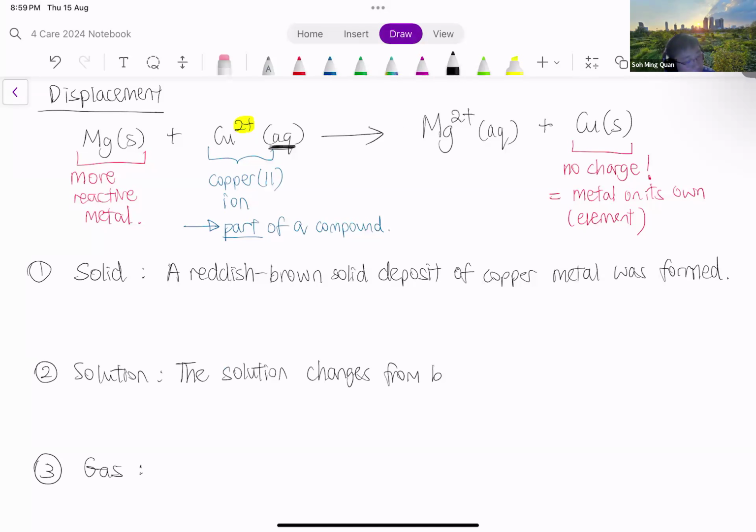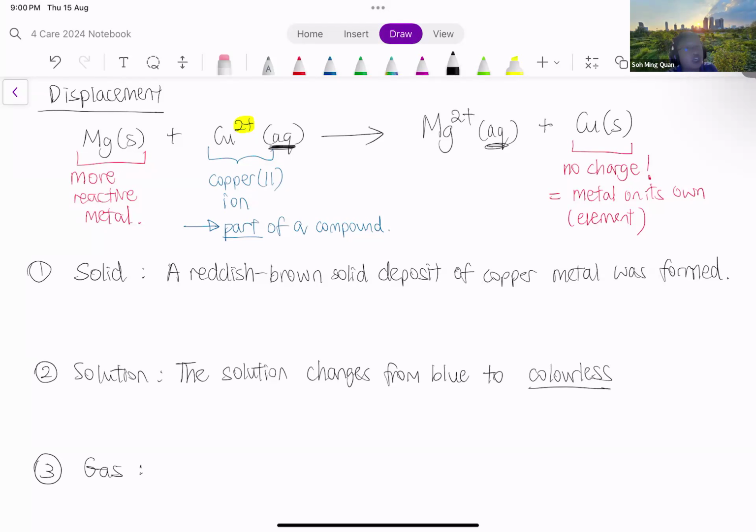from blue to what? In order to determine the final color, look on the right-hand side. The right-hand side, what is aqueous? Mg2+. Magnesium compounds are white solids, but as a solution, they are colorless.